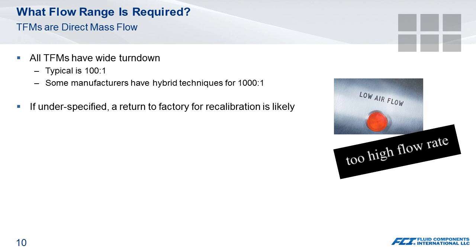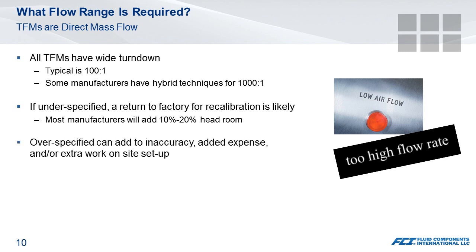By the same token, overspecifying can lead to additional, unneeded inaccuracy, and added expense or on-site setup difficulties. Taking the calibration points and applying them over a longer range can result in increased inaccuracies unnecessarily.